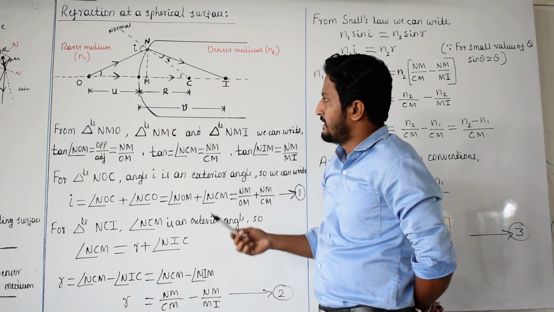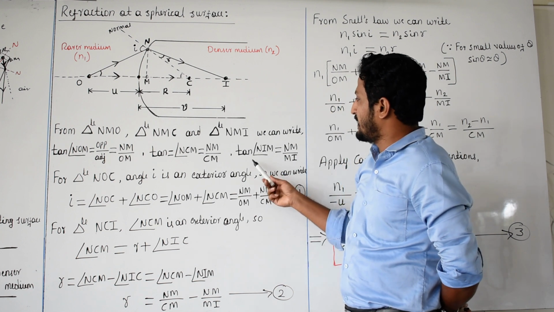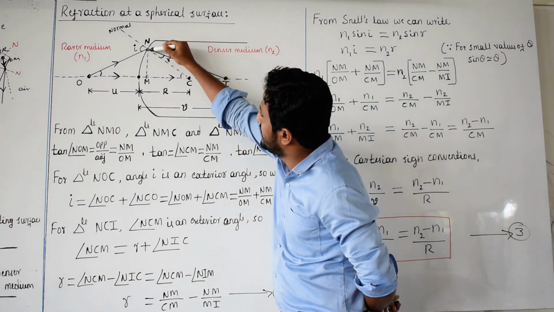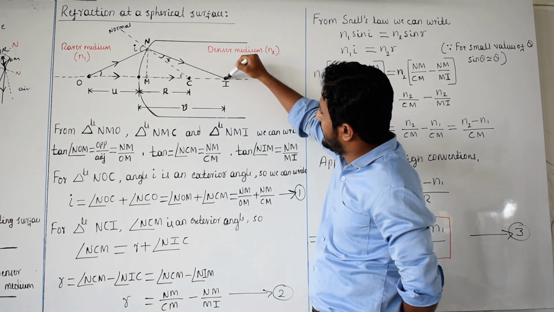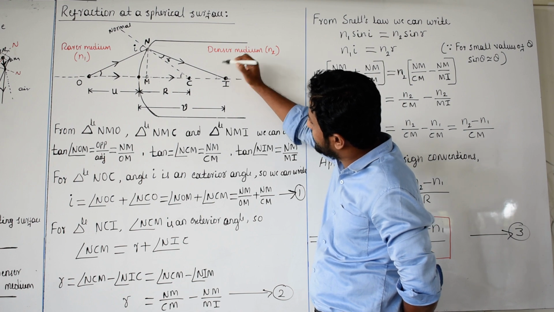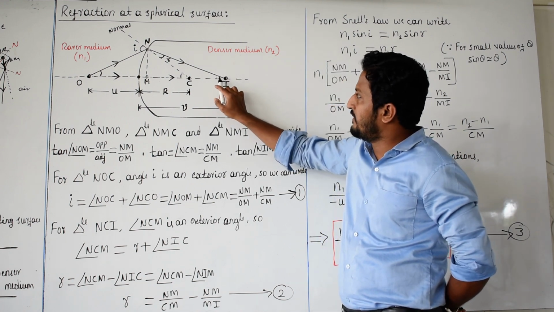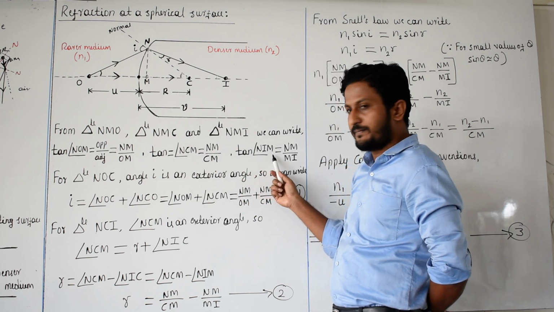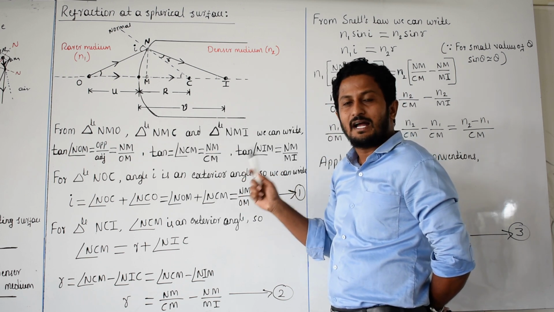Next, finally, look at the right angle triangle NMI. Now apply to this angle. Tan of NIM, again opposite by adjacent.